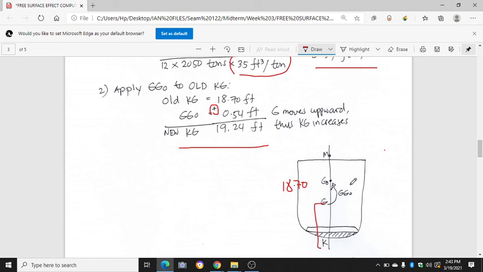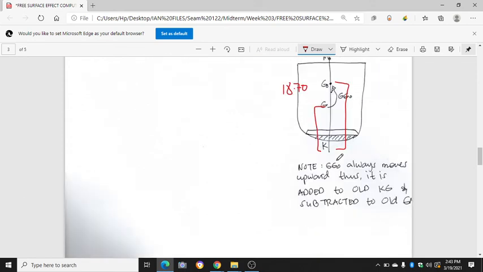Since there is an upward shift of G, GG0, the new KG is 19.24. As you can see in the illustration, KG is increasing and GM is decreasing. So GG0 always moves upward because it is added to the old KG and subtracted from the old GM.